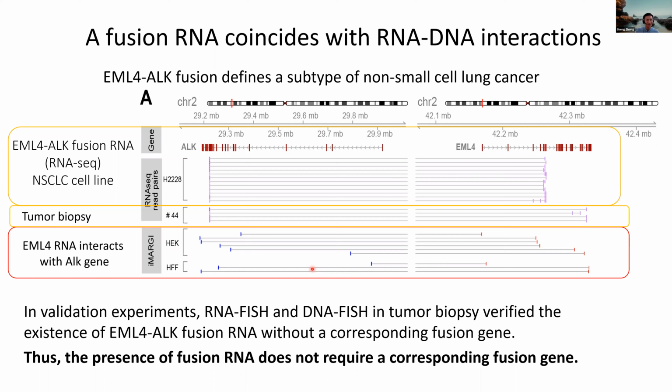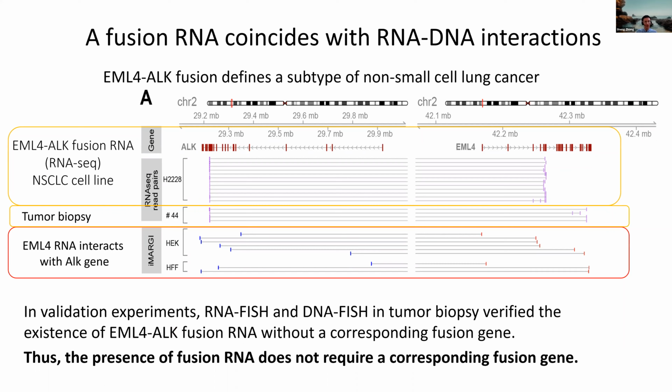So in our validation experiments based on RNA FISH and DNA FISH, we actually validated that at least in this person, there is no underlying fusion gene. So this is a fusion RNA without a corresponding fusion gene. This is a product of trans-splicing.